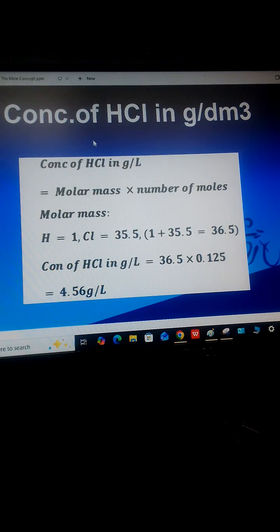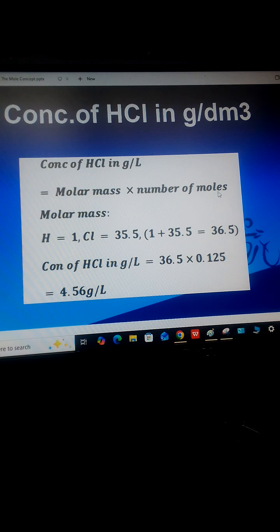Next, let's get the concentration of hydrochloric acid in grams per liter. Cubic decimeters just means 1 liter. So this is the concentration of hydrochloric acid in grams per liter. Now, the concentration of hydrochloric acid in grams per liter is equal to the molar mass times the molarity.